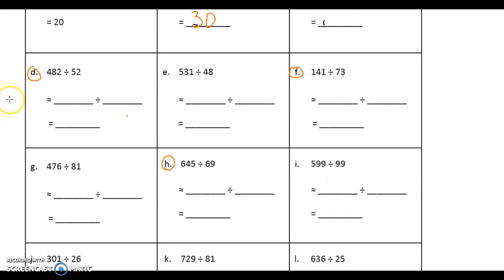So on this one, what we could do is we could say 400. That's messy. Let's fix that, shall we? Let's get our eraser. Try again. Okay. 450 divided by 50.